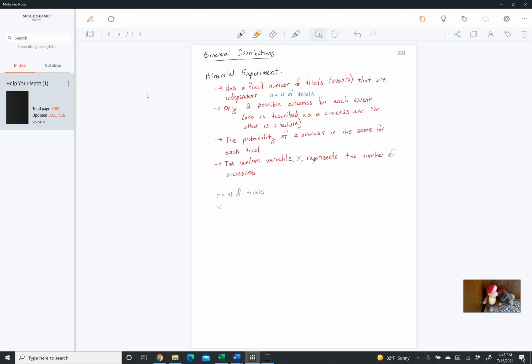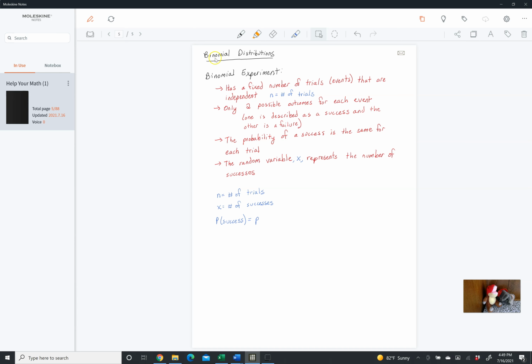We also know that x is the number of successes. And the probability of a success we use p.